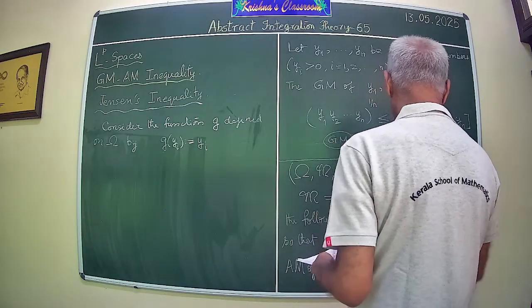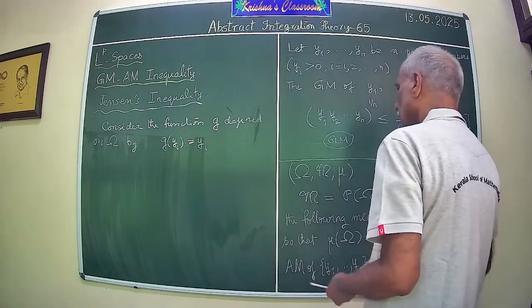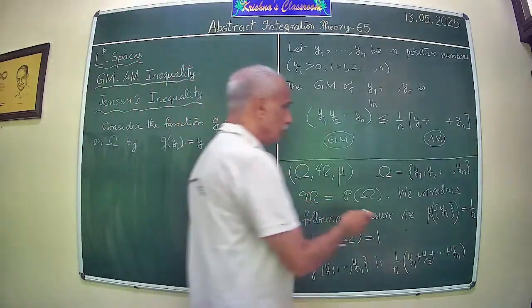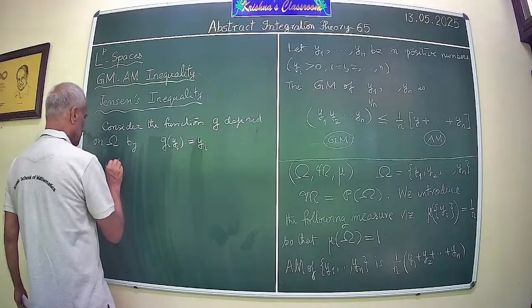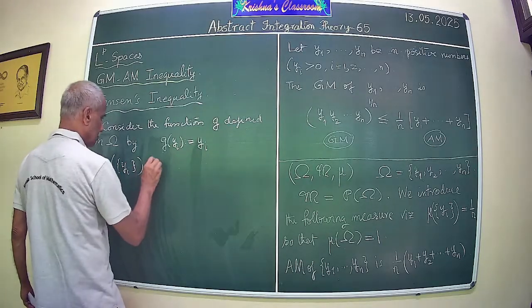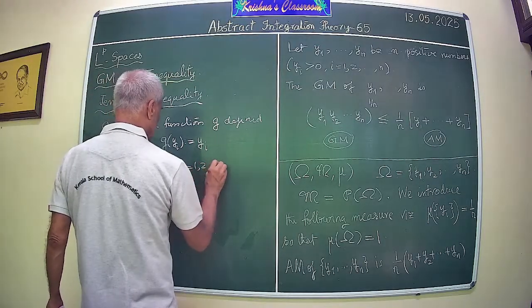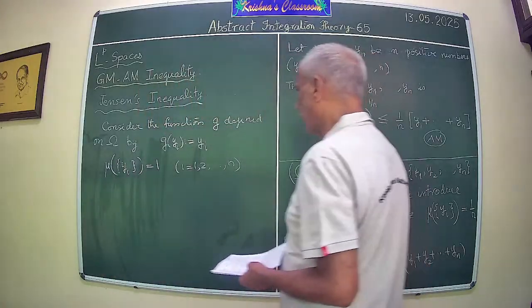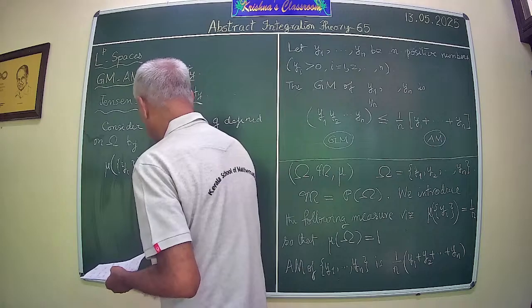And of course we have the following: mu of yi is equal to 1 by n, so that mu of omega is equal to 1.